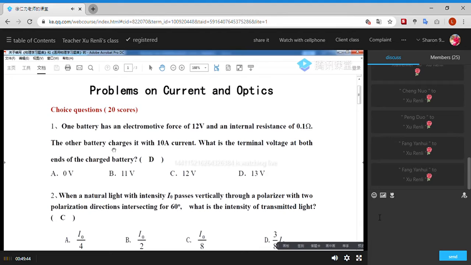Another battery charges it with a 10 ampere current. What is the terminal voltage at both ends of the charged battery?